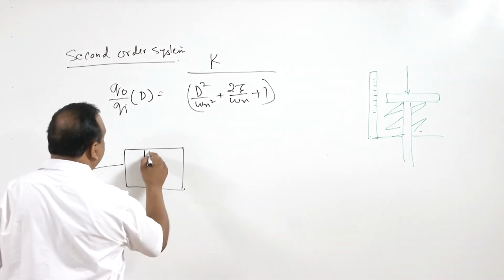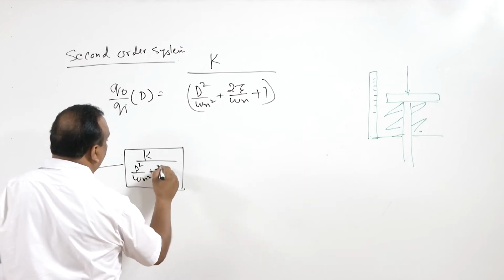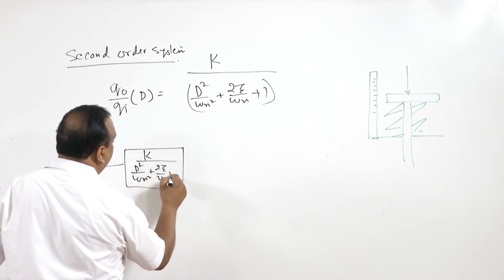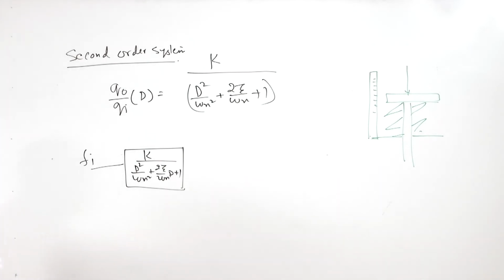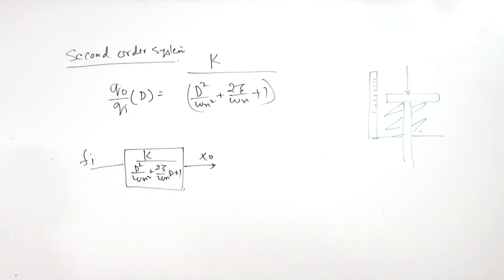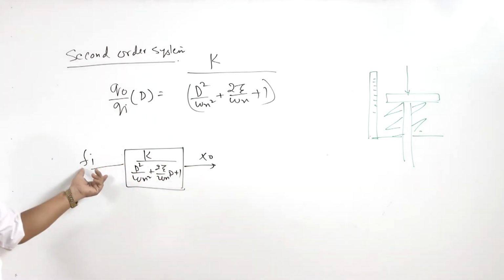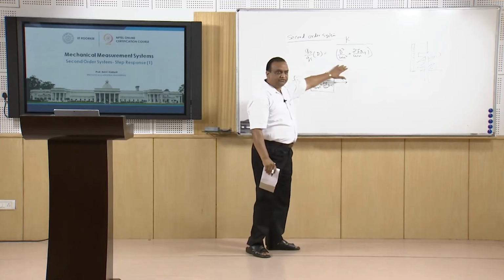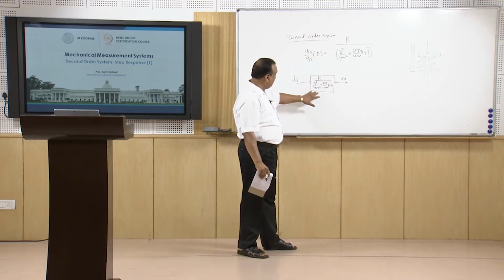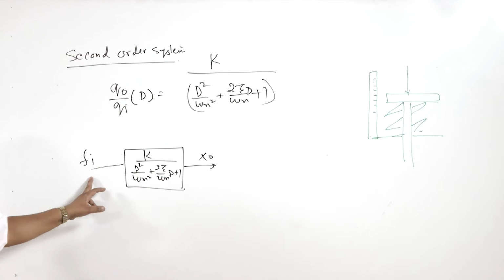This is the transfer function, K by (D squared by omega n squared plus 2 zeta by omega n D plus 1), and then Xo is the output. So if we know this transfer function, we can immediately get the value of output for a given input.